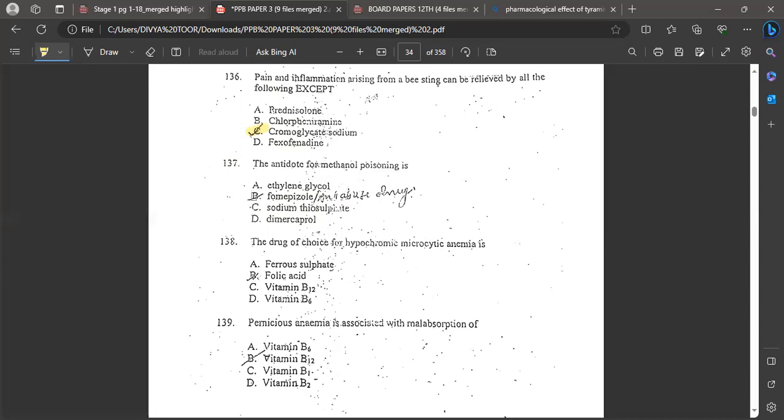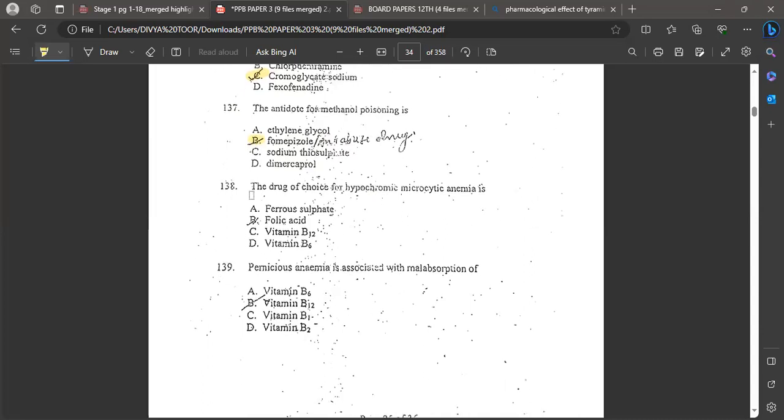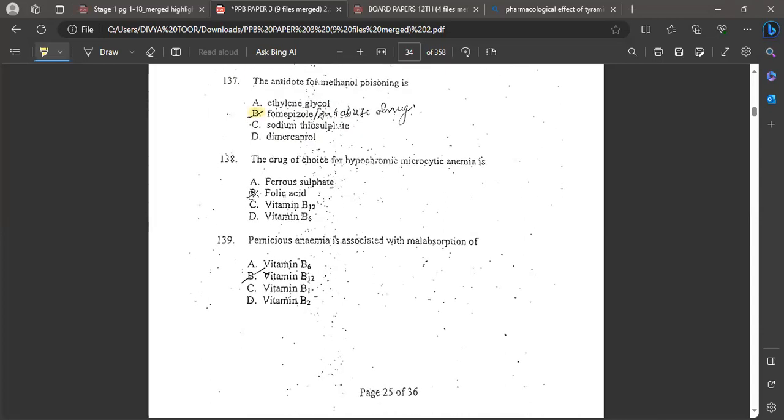Okay, carry on. The antidote for methanol poisoning is fomepizole. And the drug of choice for hypomicrocytic anemia. This one will be iron, ferrous sulfate, because it's micro. Yeah, true.